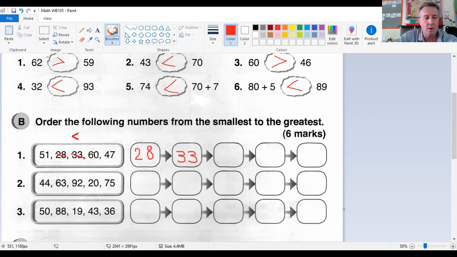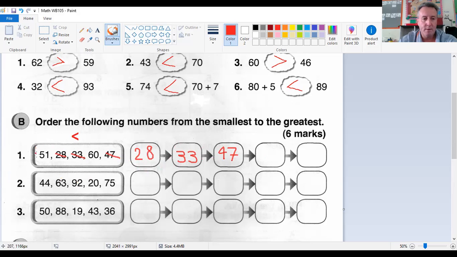The next smallest. 5, 6, or 4 tens. 4 tens. 47. Cross that one out.